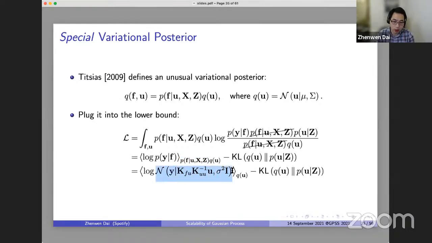It still looks roughly like a normal distribution in Y, with the mean being the mean of the P of F given U, but because the noise has a diagonal variance, this results in a diagonal variance formulation here.